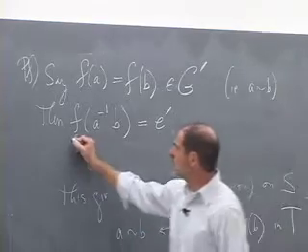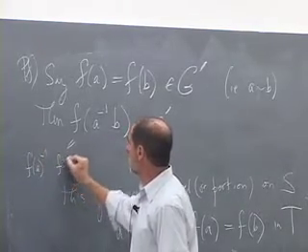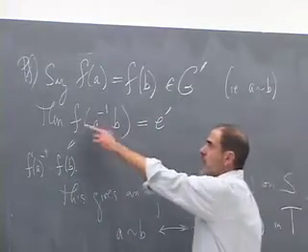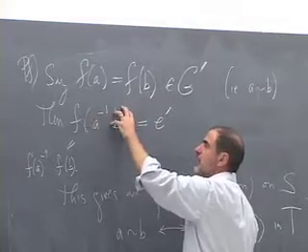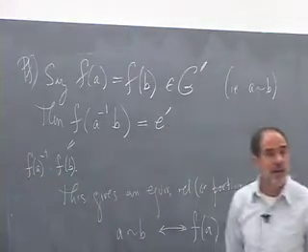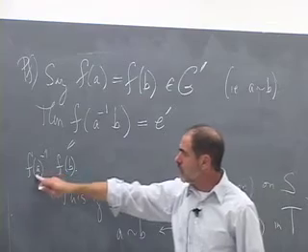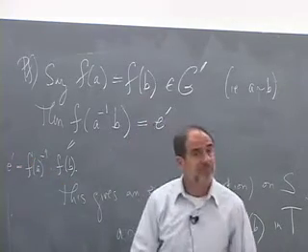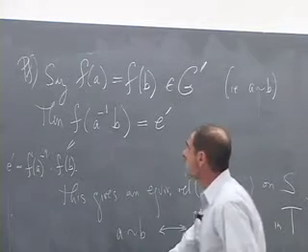Because this expression is the same as f of a inverse times f of b. Remember, when we have a group homomorphism, we can write this as the product of f of a inverse times f of b. But f of a inverse is the inverse of f of a, and f of a was assumed to be equal to f of b. So if I multiply by f of a inverse, this is equal to e prime. OK?